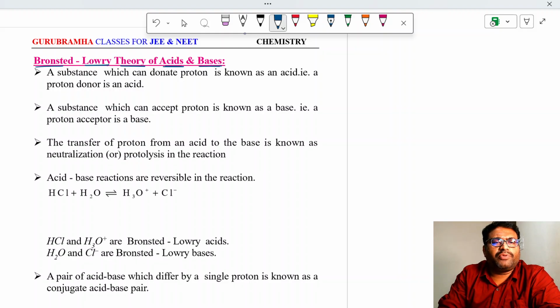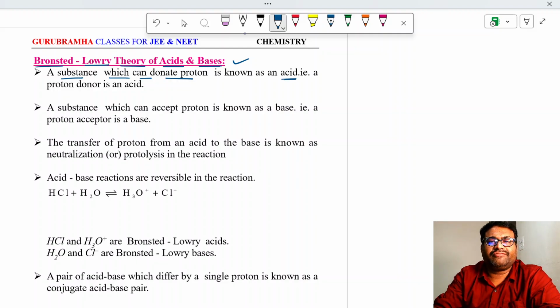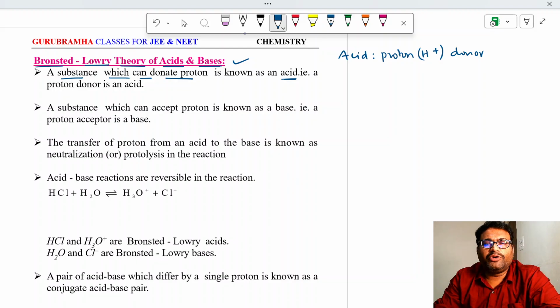So, according to Bronsted-Lowry theory, what is acid? A substance which can donate a proton is known as acid. Proton is nothing but H plus. So it should be able to donate a proton.